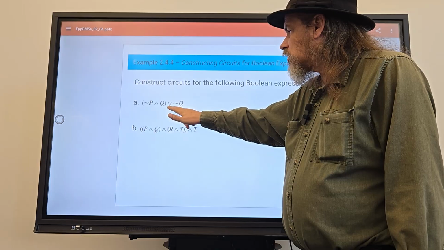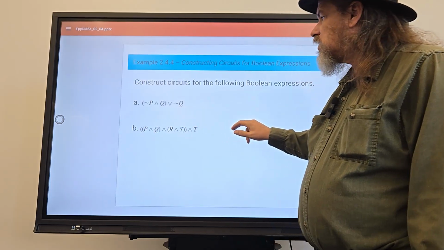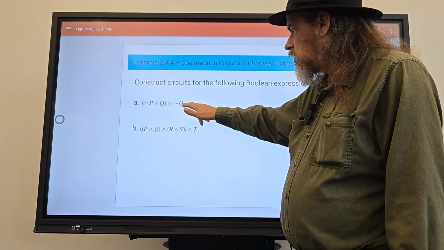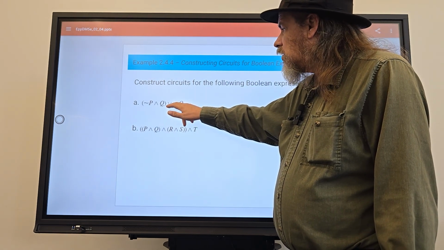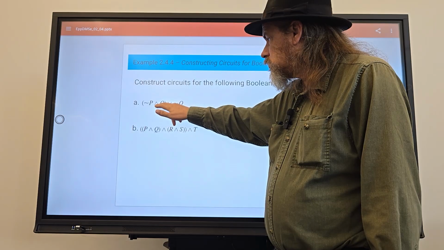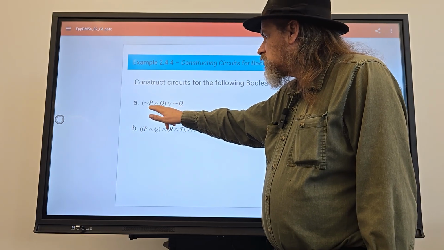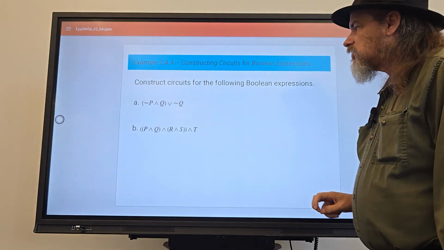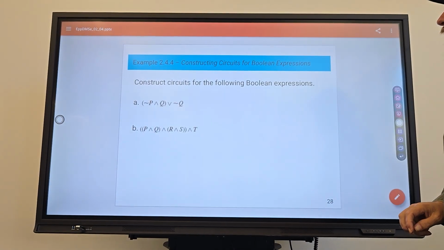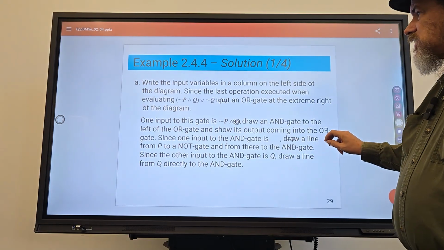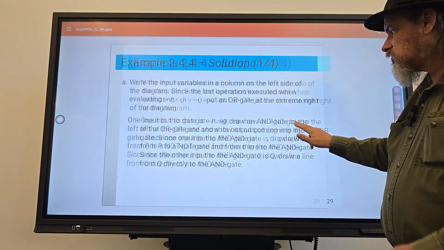You start with the or. Then you would have the not Q, ORed with the and, Q and not P. So your inverters would be, let's see here, I just did that.